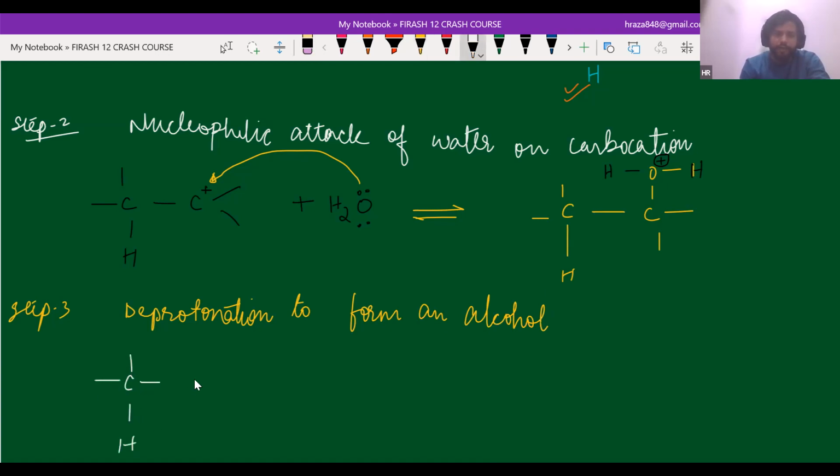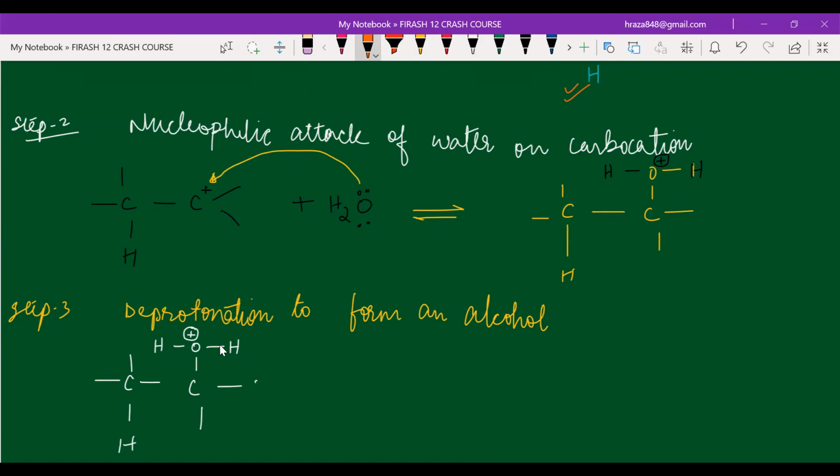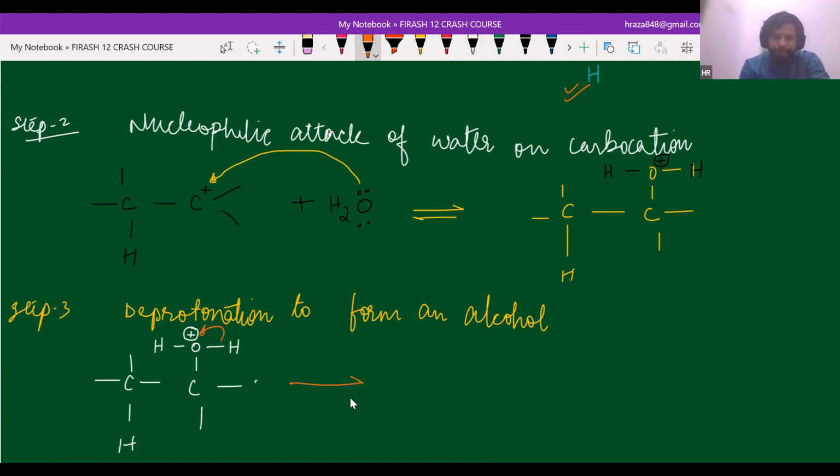There was hydrogen and there is like this and this part is like. I told you, positive charge on oxygen is stable or unstable? Unstable. So what it will do, it will stabilize itself. It will take electron from hydrogen, from H2O.